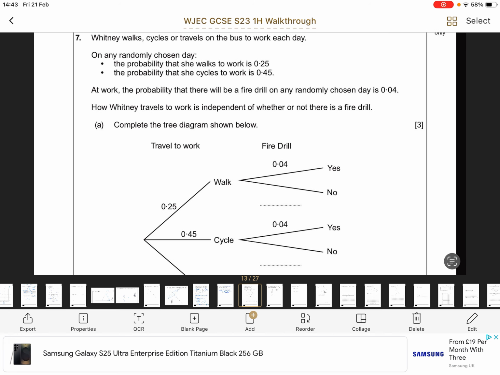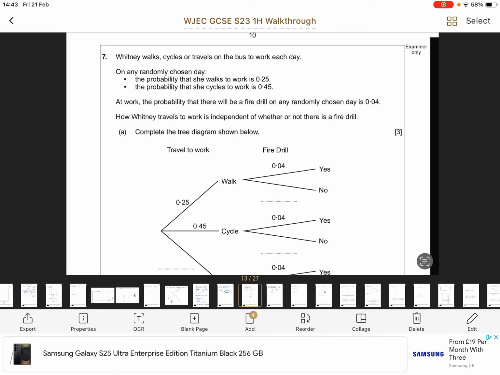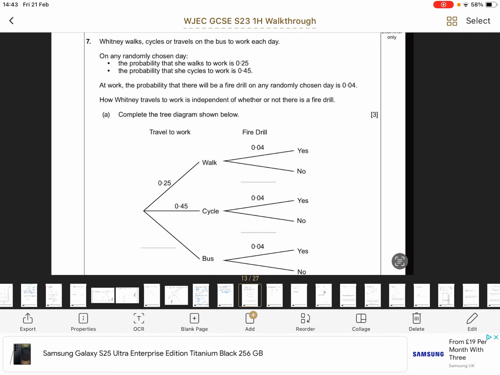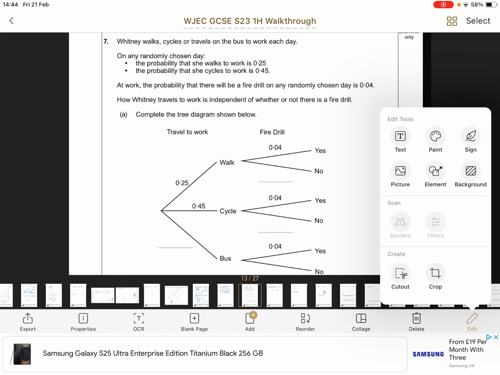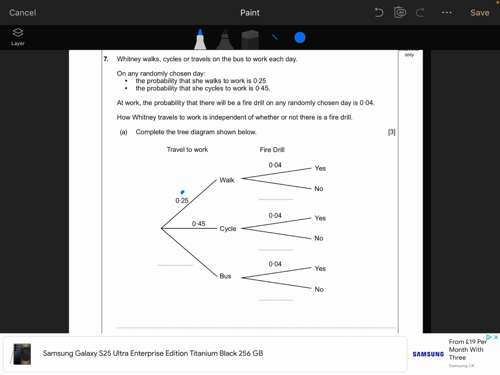Question 7. It's looking like it is a probability question, isn't it? So it says Whitney walks, cycles or travels on the bus to work each day. On any randomly chosen day, the probability that she walks to work is 0.25, and we can see that that is featured here. Okay, walking is 0.25.